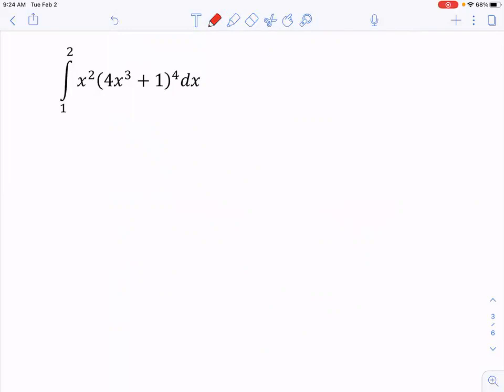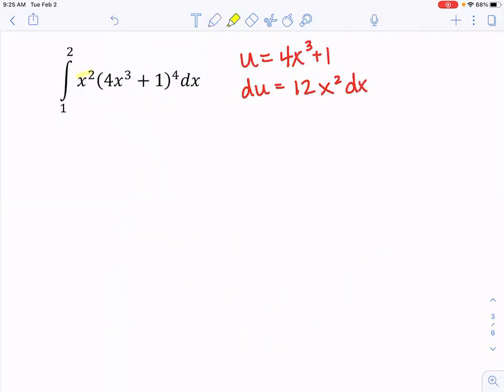So this looks like a composition where I have 4x cubed plus 1 inside of the fourth power, and it's really convenient that we have an x squared outside of it, isn't it? Remember we talked about those patterns. If we're going to do U substitution with a polynomial, having that one less power on the outside makes it really nice. Okay, so we could let u equal 4x cubed plus 1, which would mean du is 12x squared dx.